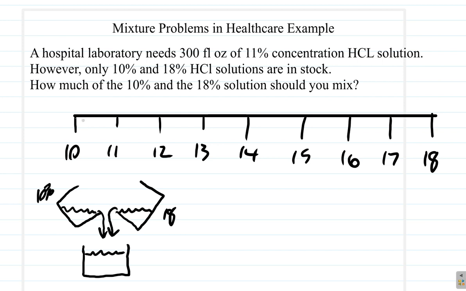Now, based on what we see here, we have 10% and we're moving to 11%. We're not moving very far up the scale, so we won't need a lot of the 18% to bring the concentration from 10 up to 11.